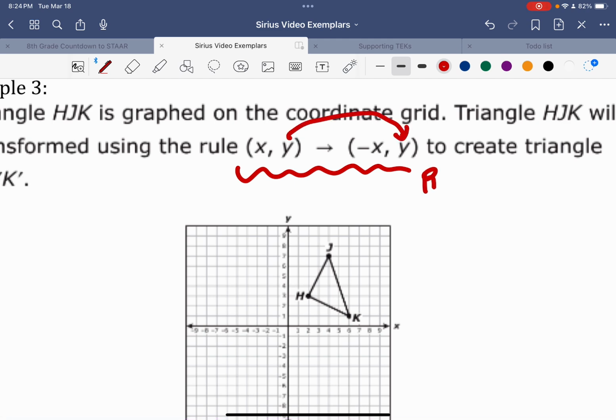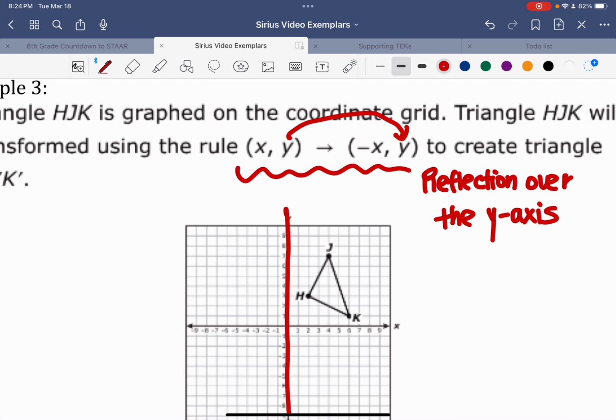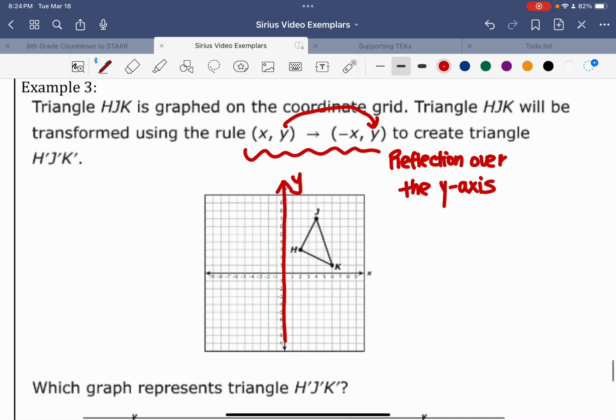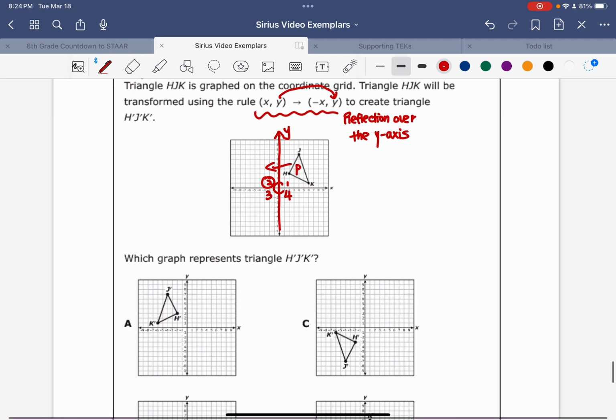So it should be a what? Reflection over the y-axis. So that's y stays the same, right? Y stays the same. Y is the mirror. So if here y is the mirror, the pre-image, where will be your image? It's gonna be in quadrant 2, right? So which one should be correct?